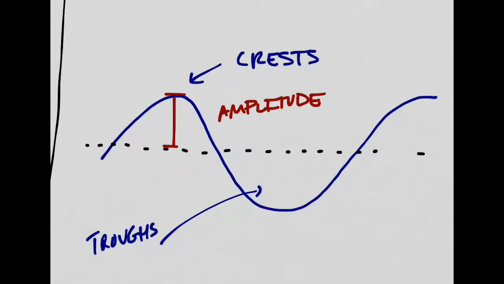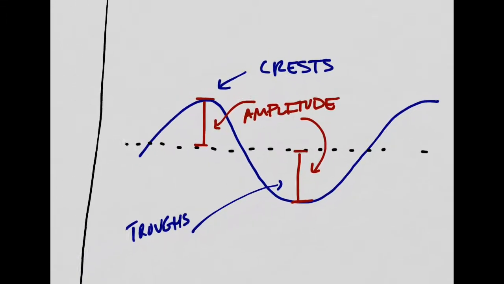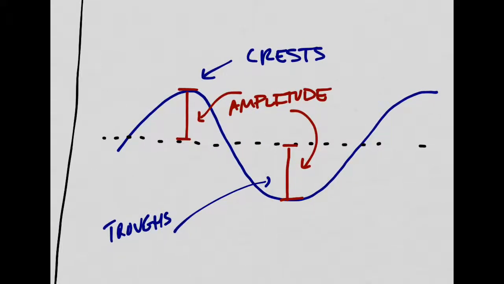And some of you might have noticed that this distance from the trough to the center line is also the same distance. So there are two ways to measure the amplitude. You can measure from the top of the crest to the midpoint, or from the bottom of the trough to the midpoint.